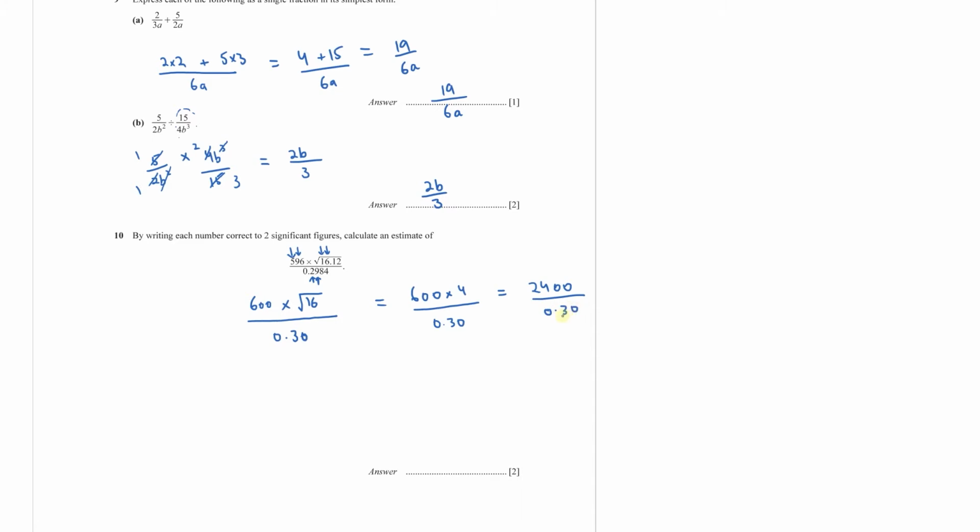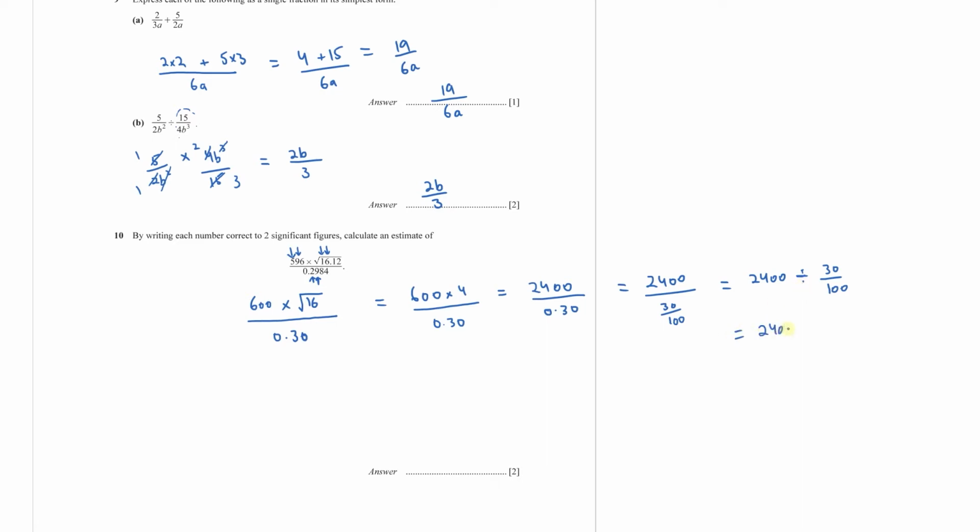0.30. I can remove this decimal, so I will move this decimal two places to the right. So this becomes 2400 divided by 30 over 100. And then I can change this division sign into a multiplication sign.